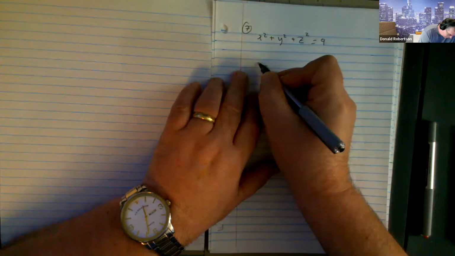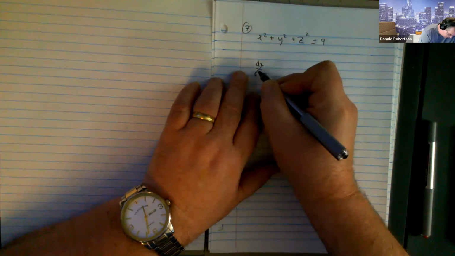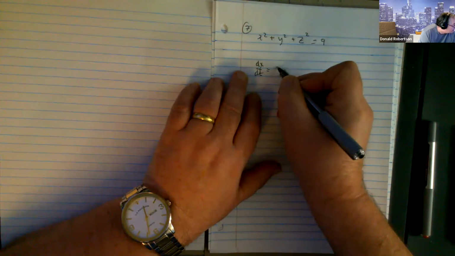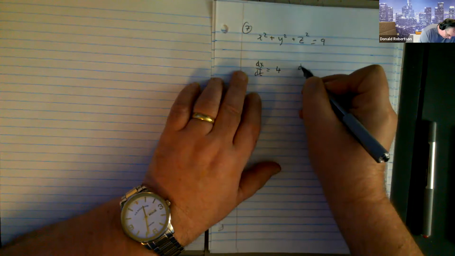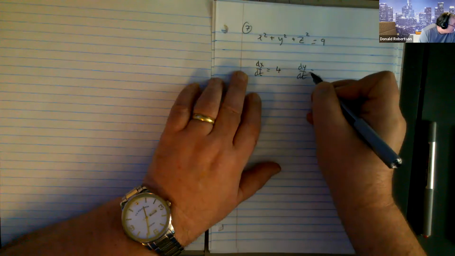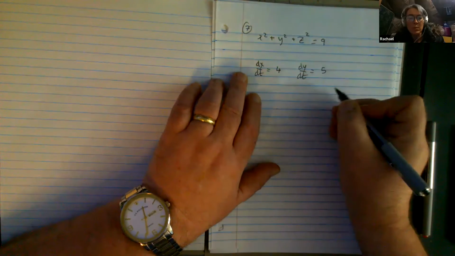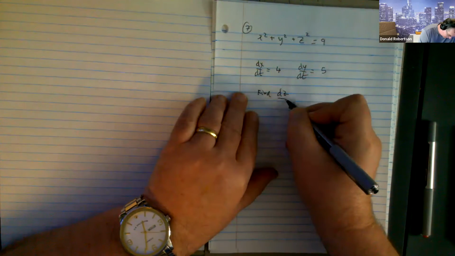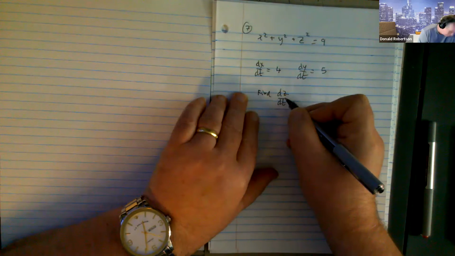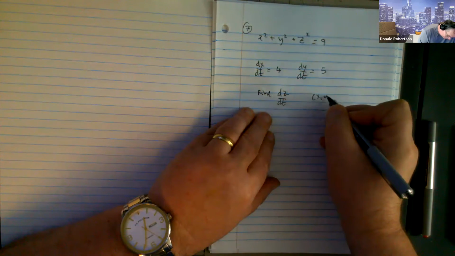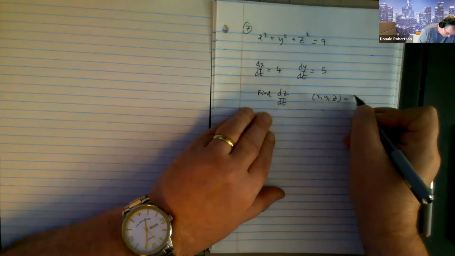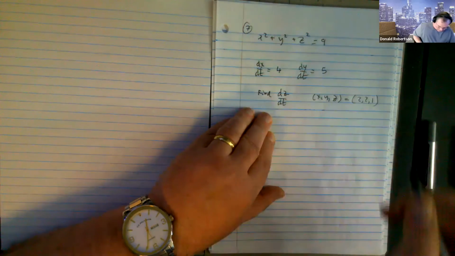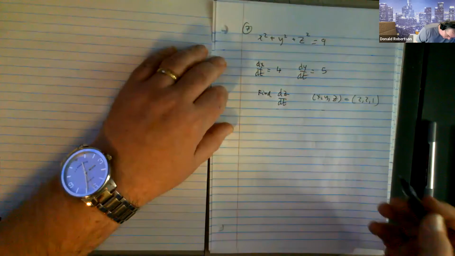And they tell you that dx by dt is, in my question, 4. They also tell you that dy by dt is 5. And you're being asked to find dz by dt. That's typically what you've been asked to find. And you have to do it at a single point.